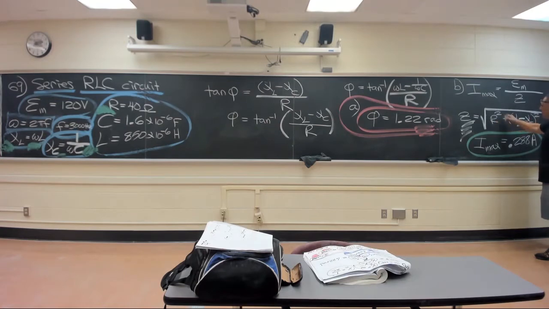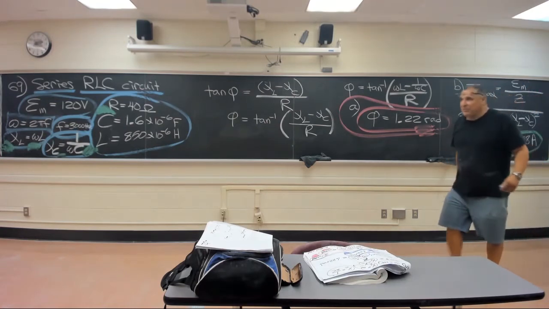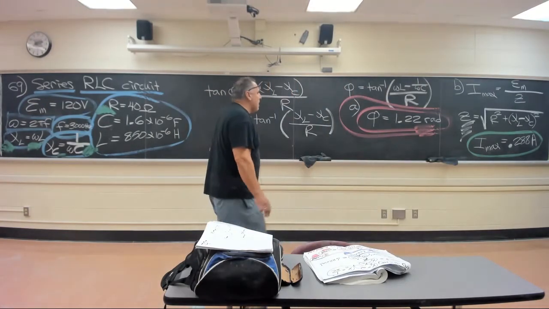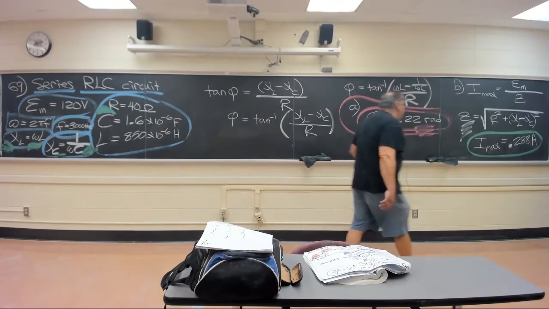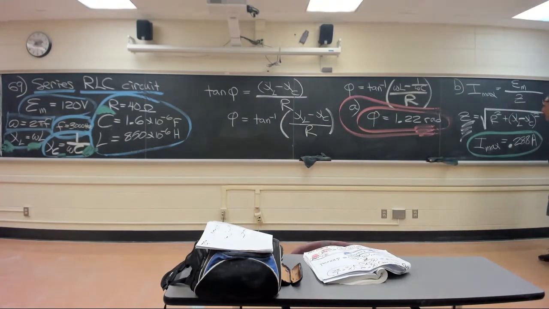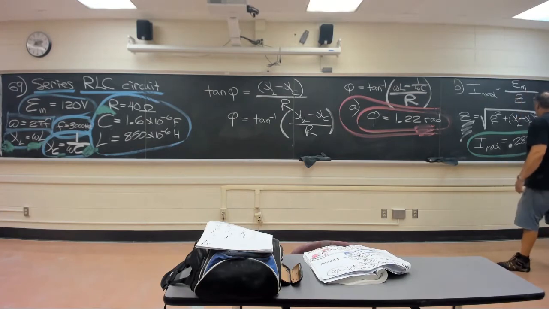The square root of R squared is R. You're talking about 120 divided by 40. That's 3 amps. That's off by a factor of about 10 times more maximum current you would have if this wasn't going on. Really? Okay, that must be quite a big number there.